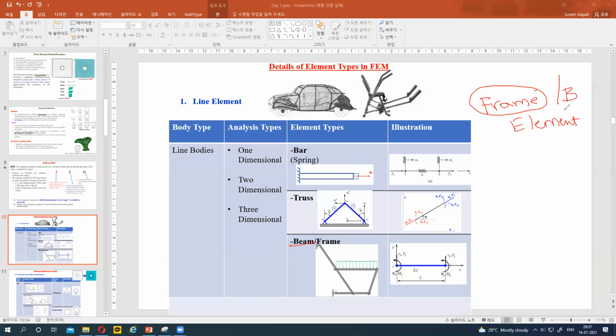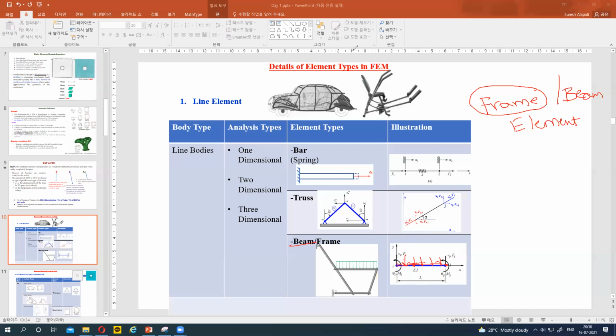Beam. In an FEM textbook, beam just specifies a pure bending problem. Pure bending means the load is exactly perpendicular to the axis. That is a pure bending problem. But not pure bending, in addition to bending, we also have axial loads like in X and Y direction.